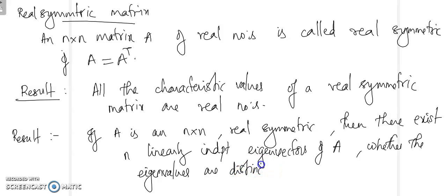So for a real symmetric matrix, whether the eigenvalues are distinct or not, it will always have n linearly independent eigenvectors.